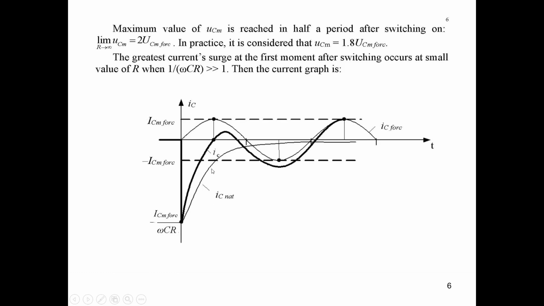You see, it is iC natural, this is iC forced, and the bold line shows their sum, and it will rather quickly reach the same level as iC forced, but at the first moment after commutation, the level of iC natural may be really big, the sum of levels of iC forced and iC natural may be really big also, and it may be much bigger than iC maximum.